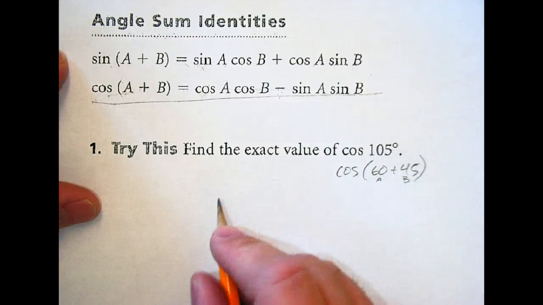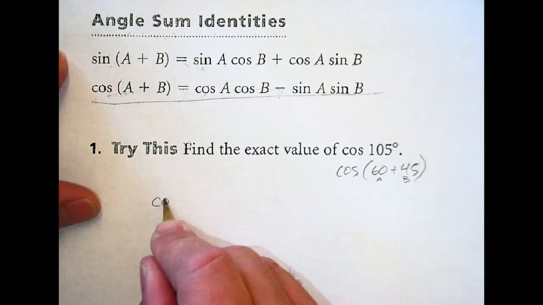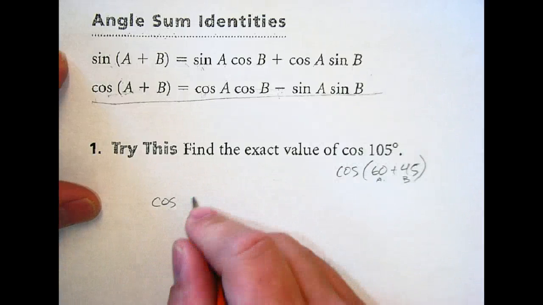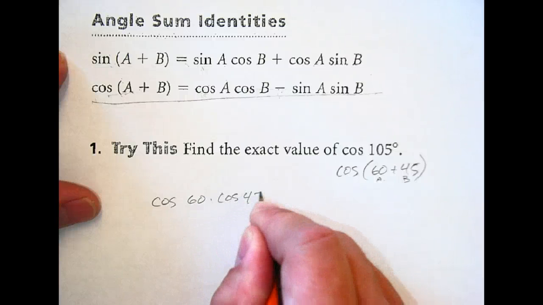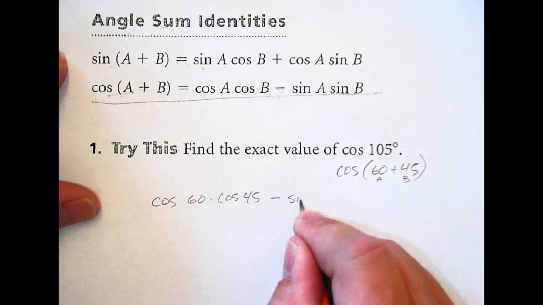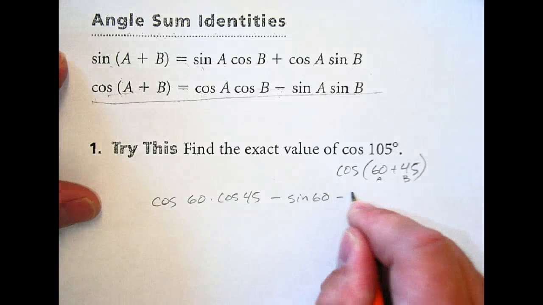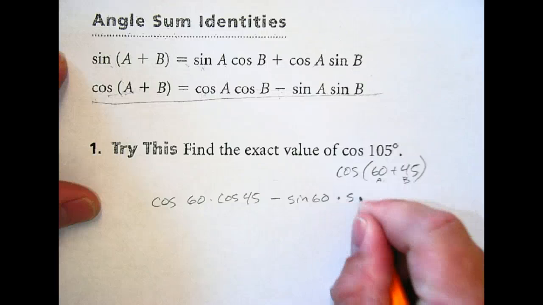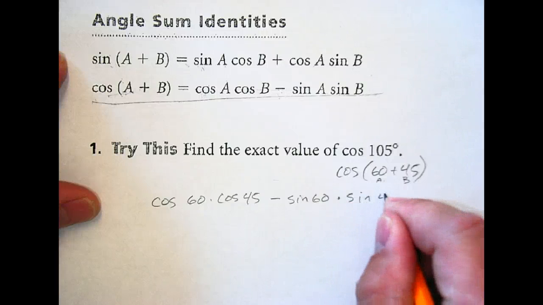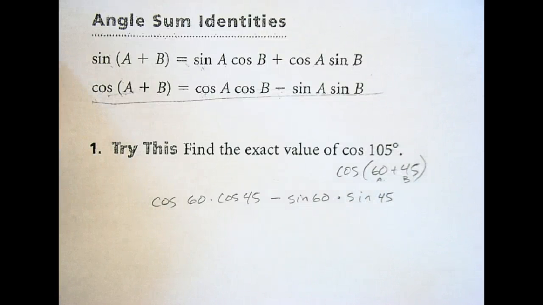So we have the cosine of A, which is 60, times cos B, minus sine A times sine B. Okay.